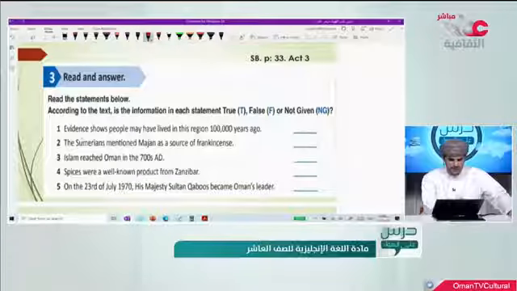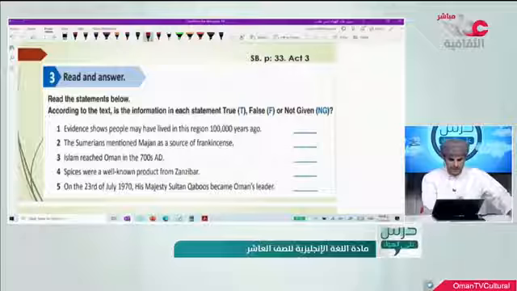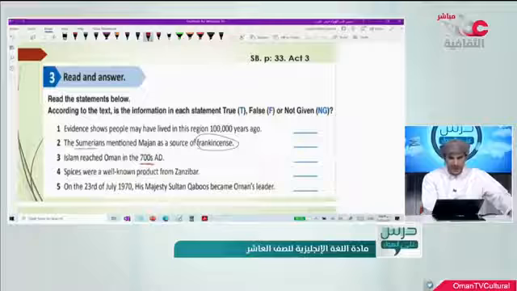Evidence shows people may have lived in this region 100,000 years ago. The Sumerians mentioned Majan as the source of frankincense. Islam reached Oman in the 70s AD.